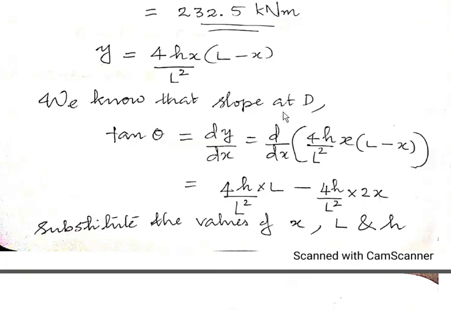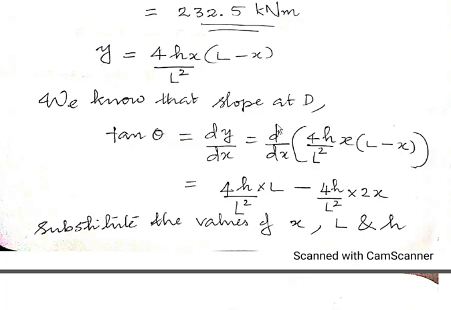So the slope at D, tan theta, is equal to dy by dx. We know the equation for y, so take the derivative of y with respect to x. That is our dy by dx.